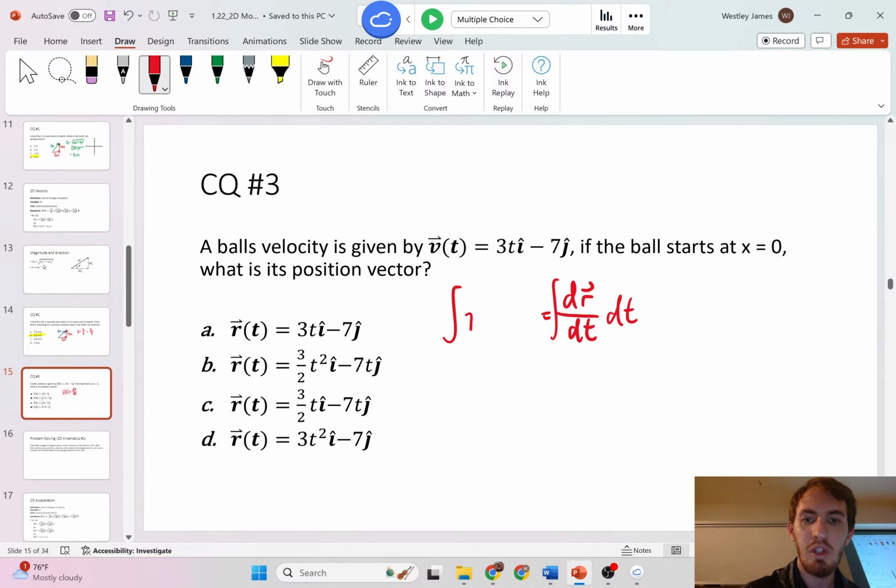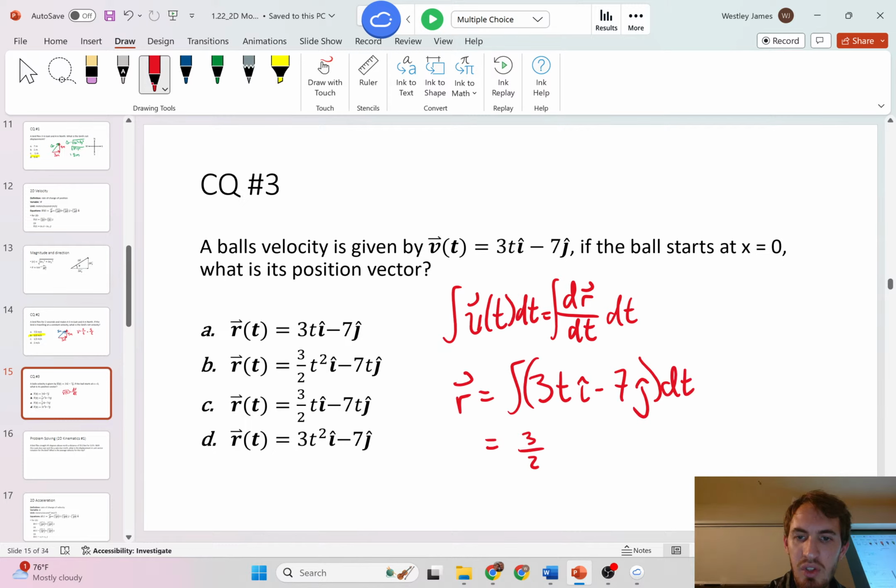So if we integrate this function, 3t i hat minus 7 j hat, where i hat is in the x direction and j hat is in the y direction, we get 3/2 t squared i hat minus 7t j hat plus a constant.